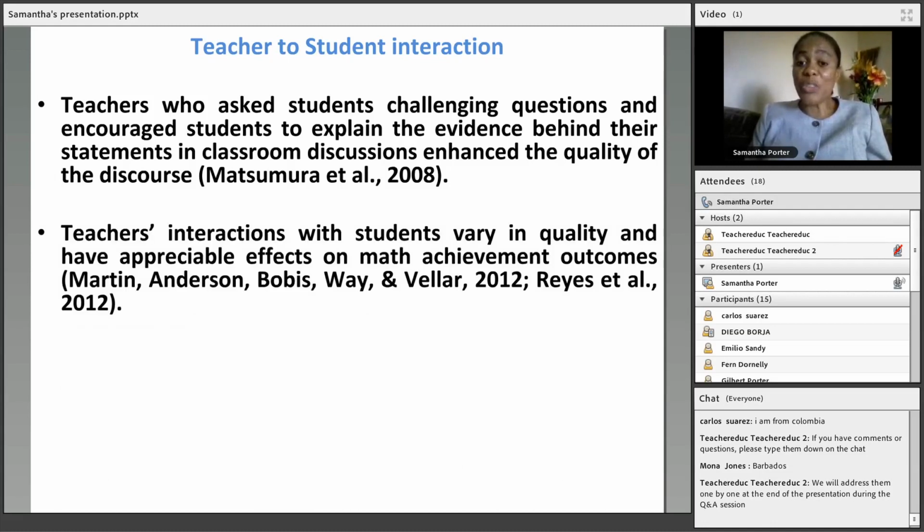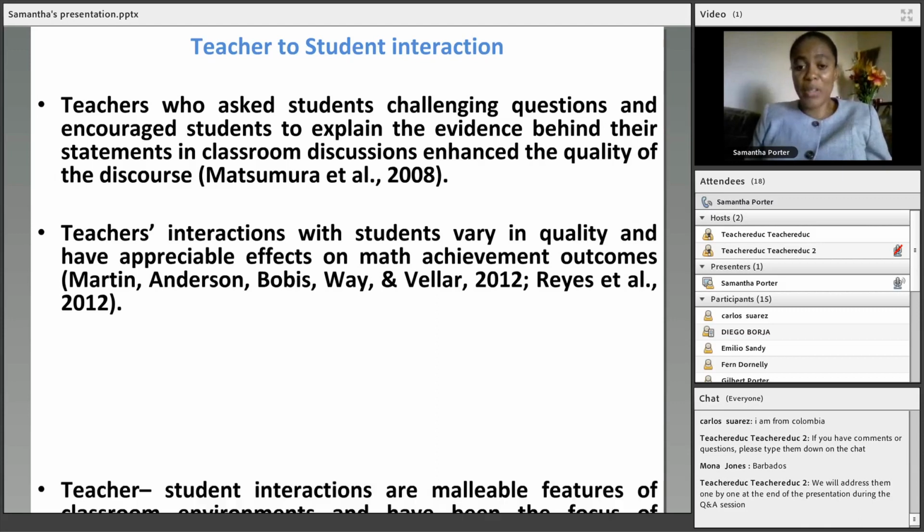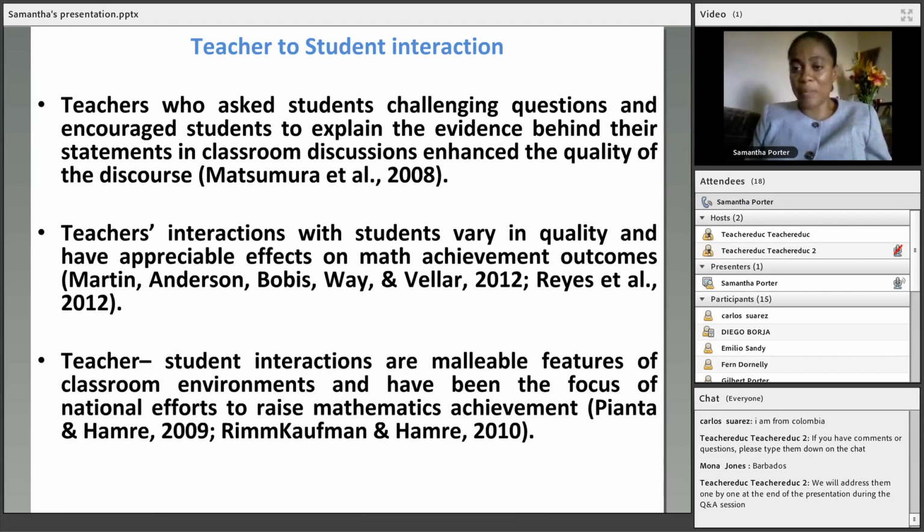Teachers' interaction with students varies in quality and has appreciable effects on mathematics achievement outcomes. So no longer can we expect our students to sit and just listen to us. We have to encourage them to also be part of the learning process because there are great benefits to gain.